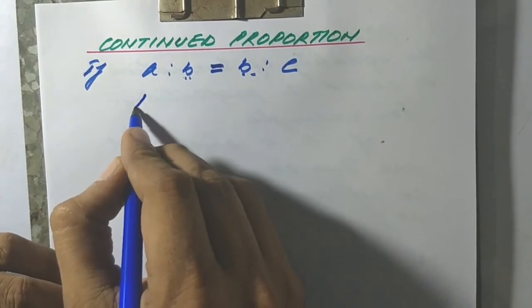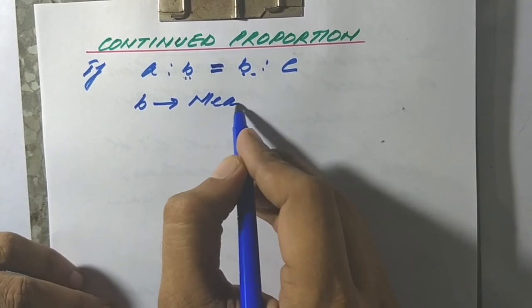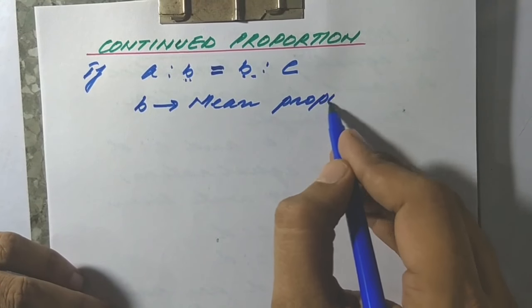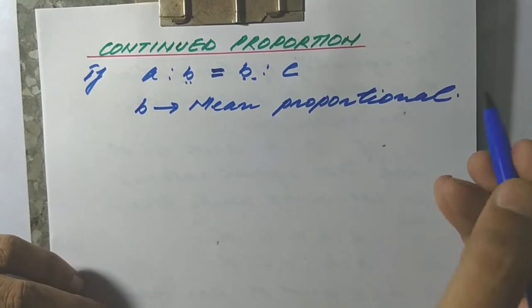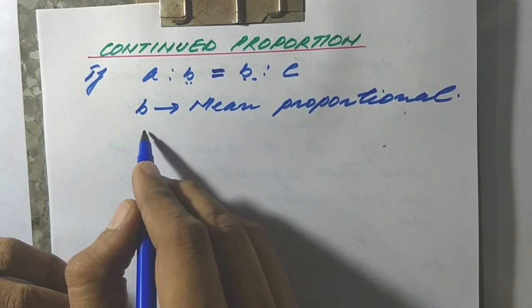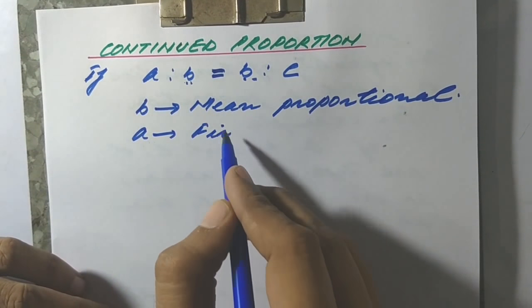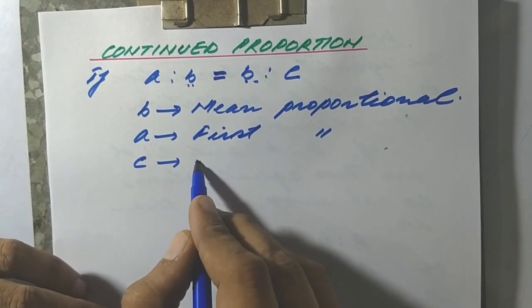And here B is called mean proportional. And A is said to be first proportional, and C is said to be third proportional.